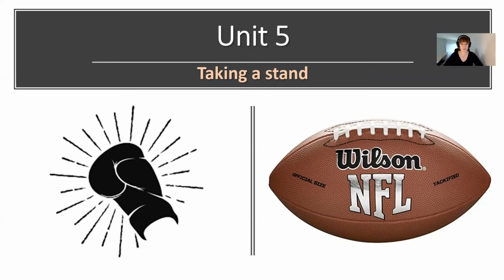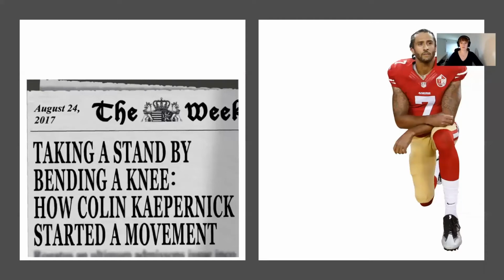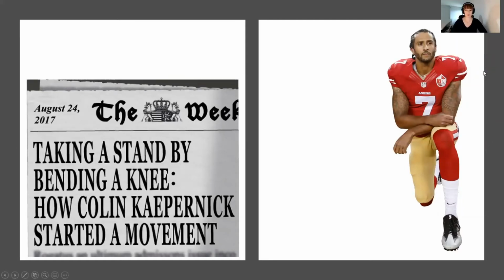You can see we have two little images. The first one is a boxing glove, and the second one is an American football. The first two documents are different. The first document is an extract from a newspaper.